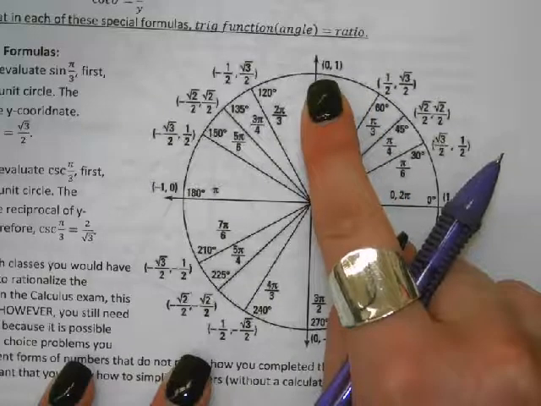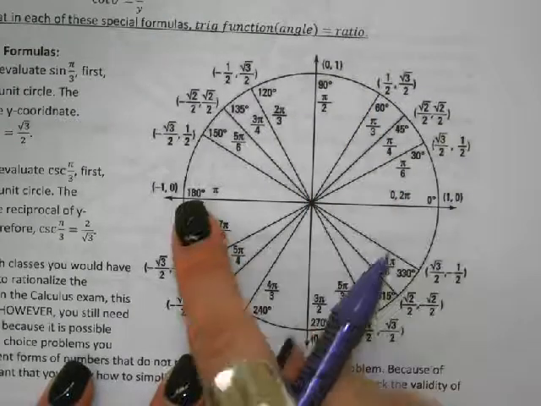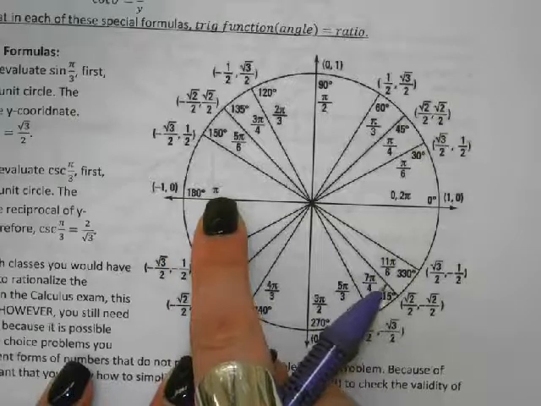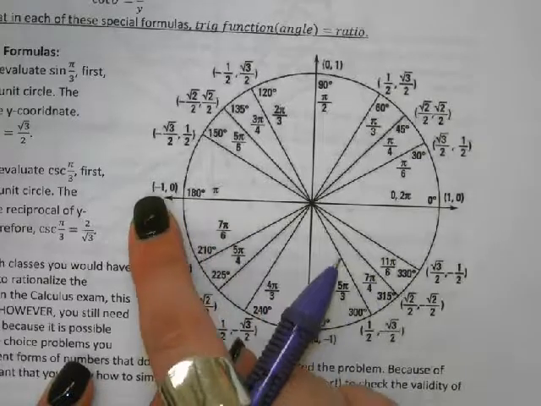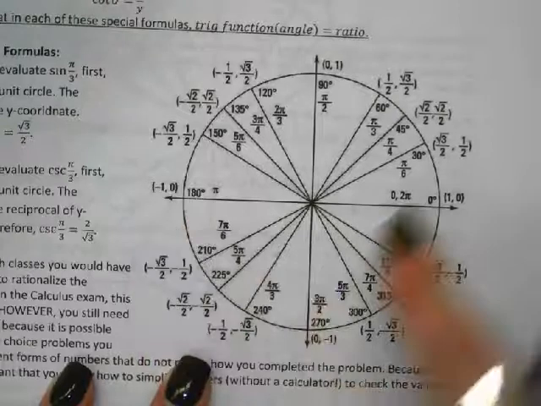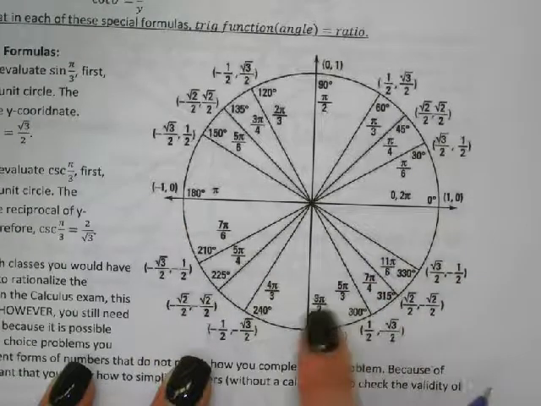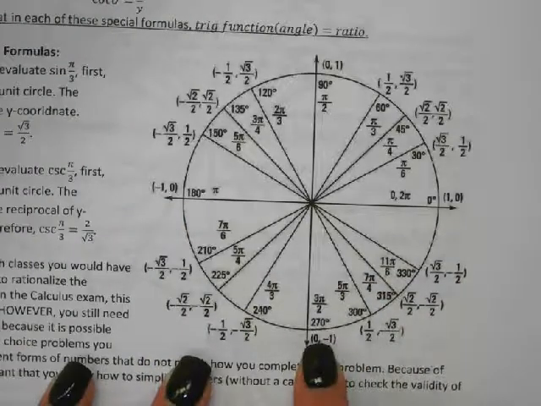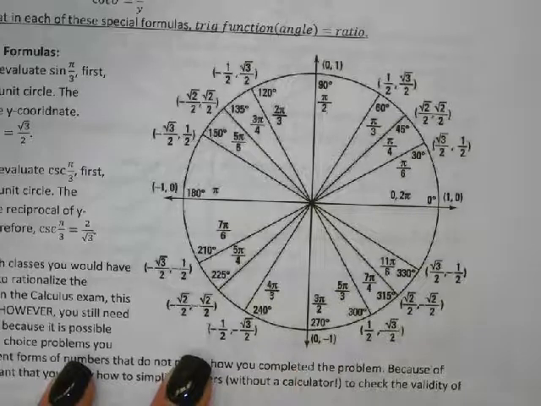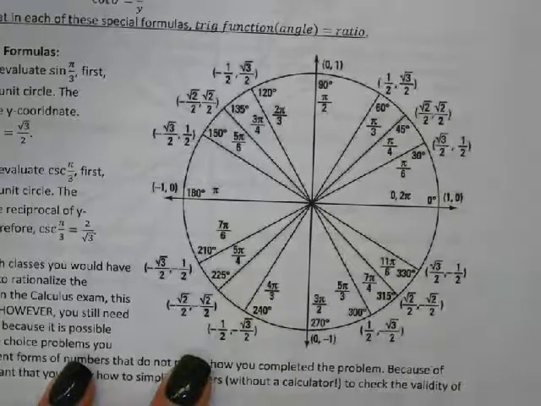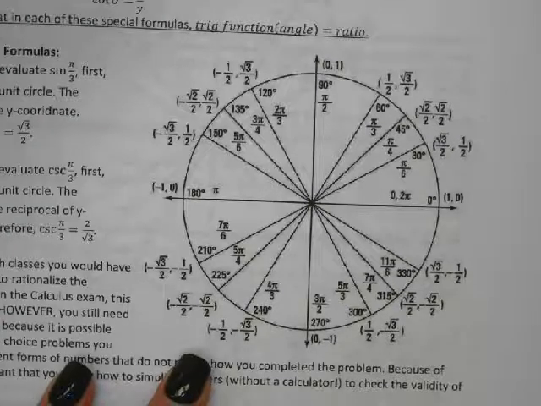So I get a vertical asymptote. And then tan of pi would be 0 divided by -1, which is 0 again. But then if I do tan of 3 pi halves, I get -1 over 0, and I get another vertical asymptote. So I can't have 1 point and then an asymptote, and then 1 point and then an asymptote, and even know what to draw.